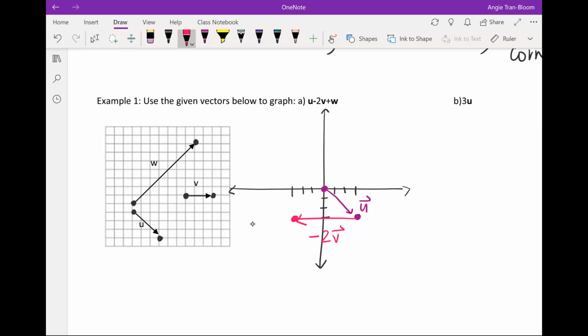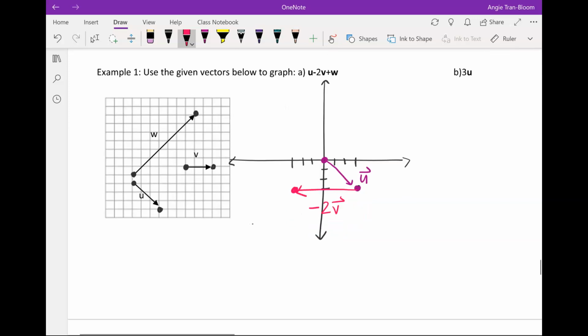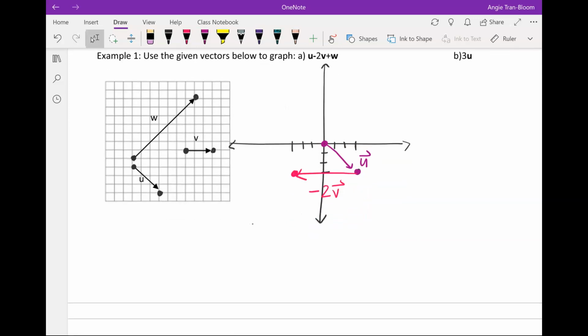That's just adding the first 2 pieces. Now we need to add what? Oh man, what's the size of w? What is that? Up how much? 7, right? How much? 7. So you're gonna go up 7 and right 7 from the origin again?